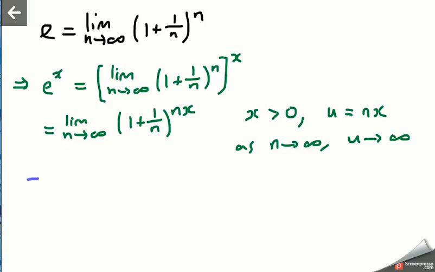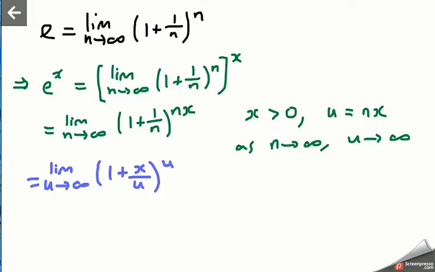So therefore, this limit is actually equal to the limit as u tends to infinity of 1 plus 1 over n. Well, if u is equal to nx, then n is equal to u divided by x. So this is equal to the limit as u tends to infinity of 1 plus 1 divided by u/x. But 1 plus 1 divided by u/x is just equal to 1 plus x divided by u, and we're taking this to the power of nx, so that's to the power of u.